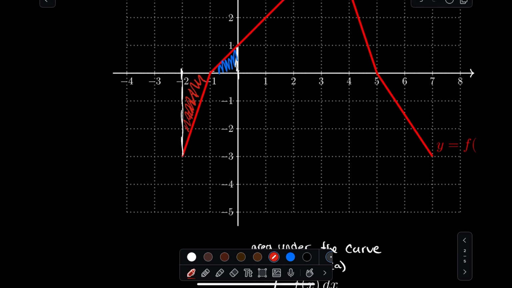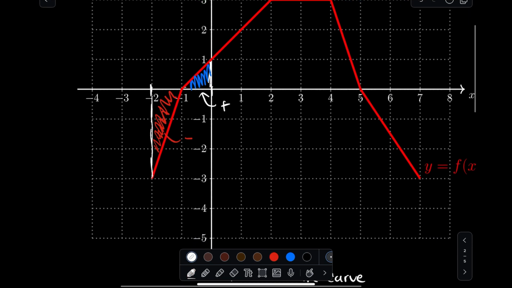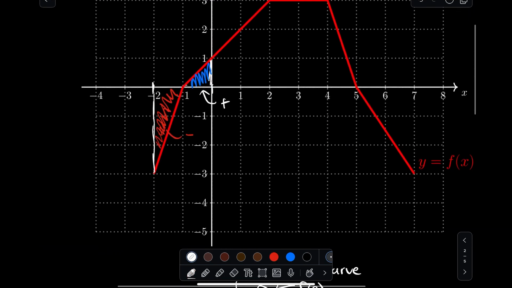And I highlighted this in blue because this is positive area, and then this right here is going to be negative area, right? Now for actually calculating this, you can look at all these little tiny boxes themselves. I can't draw a box, I'm sorry, but you can look at any of these boxes as having a base and a height of 1.